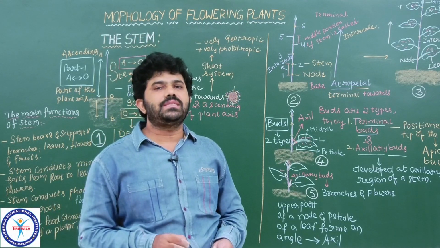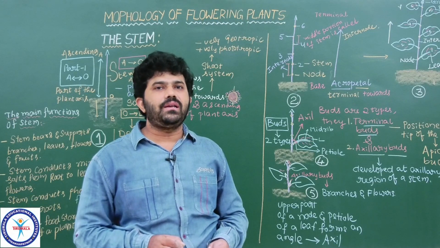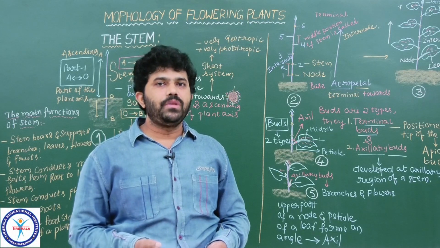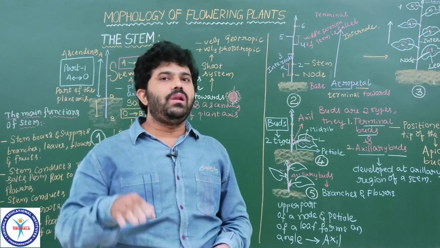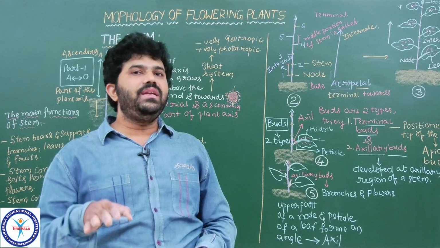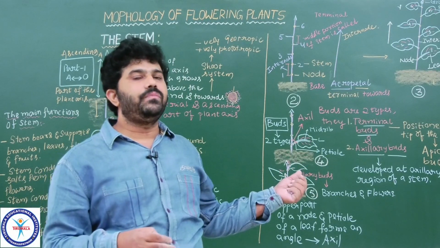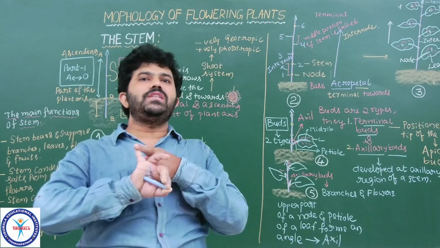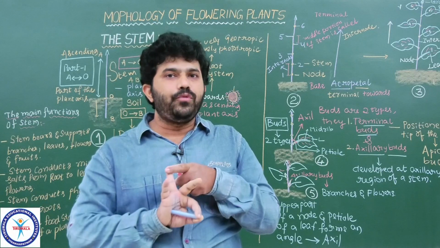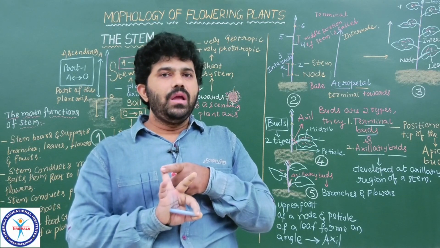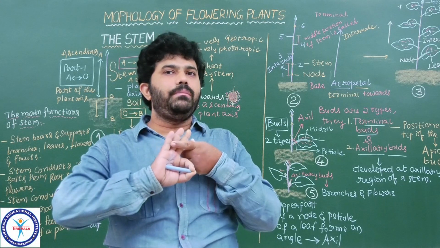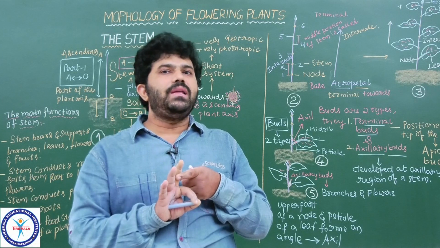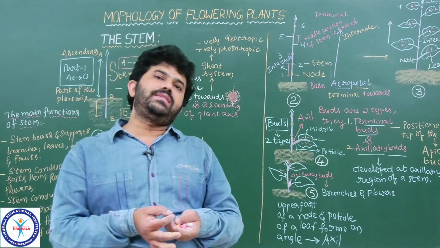In the next lecture we will discuss what they are, what kinds of functions they perform, and what suitable shapes and structures the stem shows to perform those functions. Later we will discuss stem modifications for protection, storage of food, and vegetative propagation. These are the three basic aspects performed by stem modifications. Everything we will discuss in the next lecture.